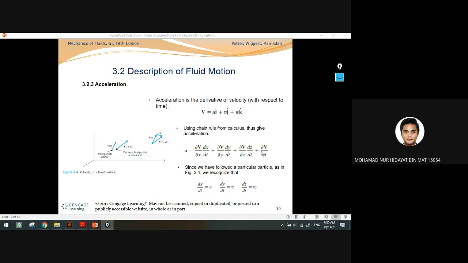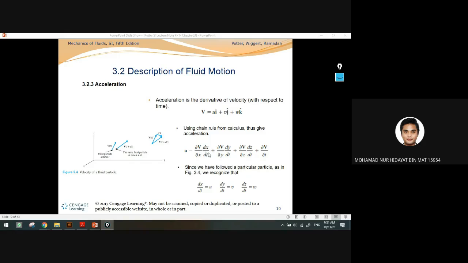And remember, when we talk about the Eulerian description, we have a function of space and time. The space is x, y, z. The time is the time domain here. So you can see the partial derivative of x over dx, you can actually cancel using the chain rule. You will definitely get dv over dt.